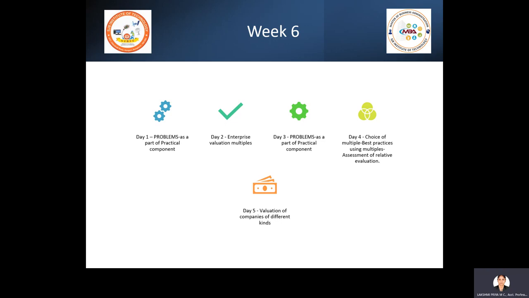So, as we discussed in week 5 sessions about equity valuation multiples, these equity valuation multiples will focus on the value of equity. The enterprise valuation multiples will focus on the value of the enterprise.